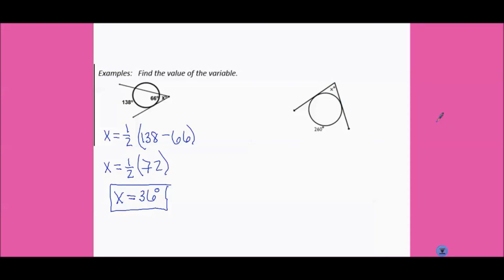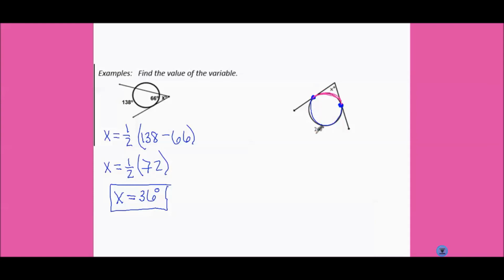In our next example, it's a little harder to see. It intersects the sides right here. We have two tangents. So the big arc is 260 degrees, but we don't know what the smaller arc is. It's not labeled. But since the way that these lines intersect our circle, the big arc and the little arc we know make up the entire circle. A whole circle is 360 degrees.